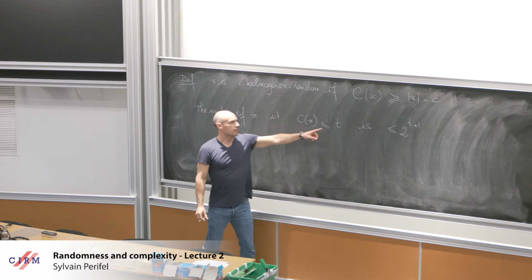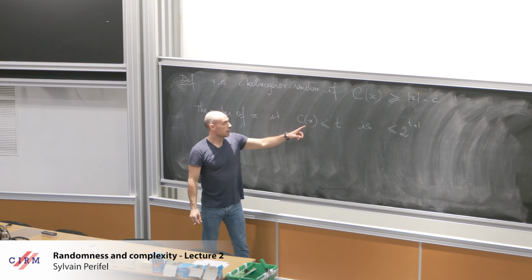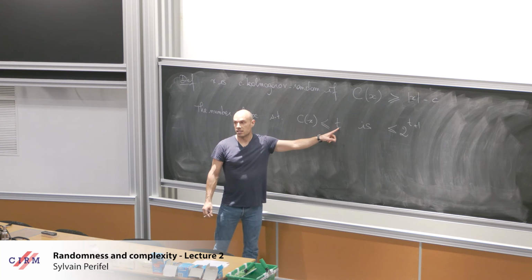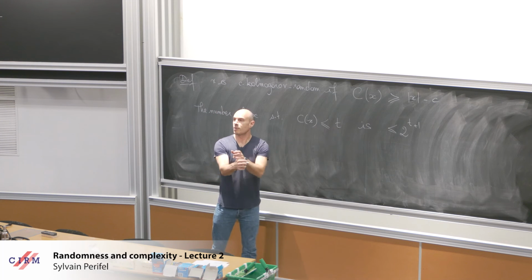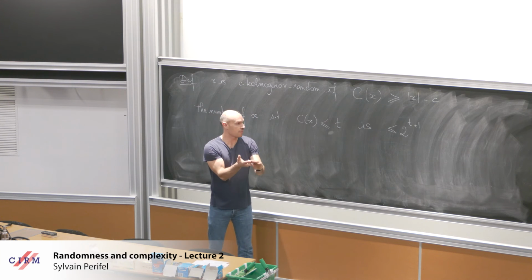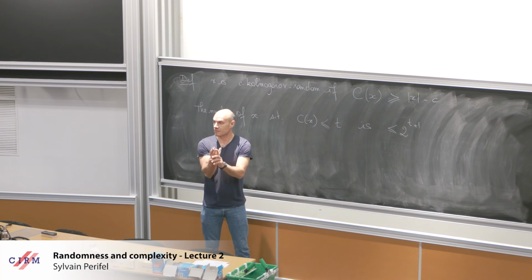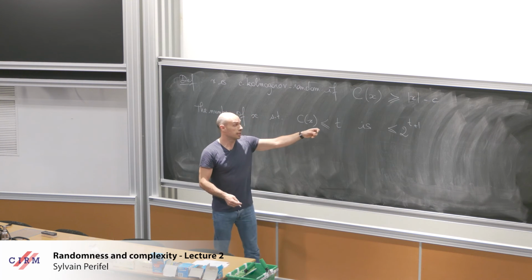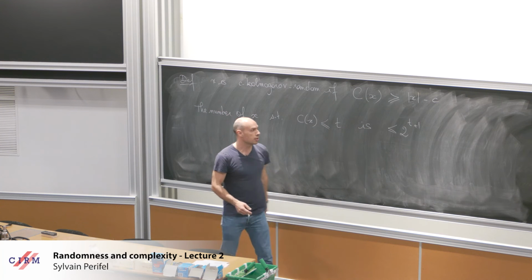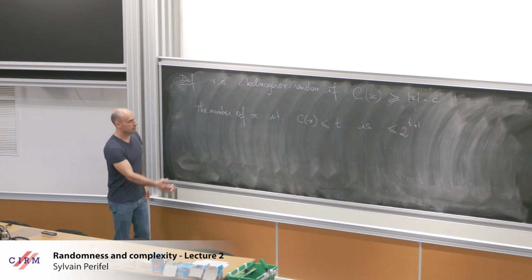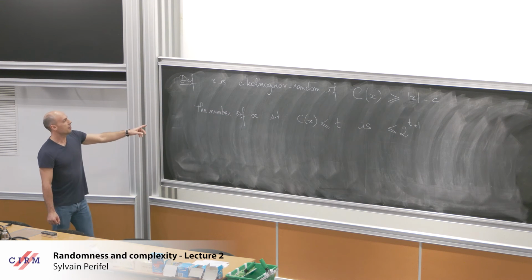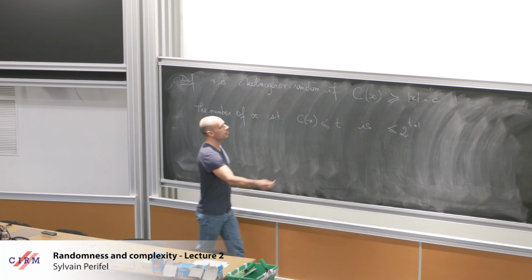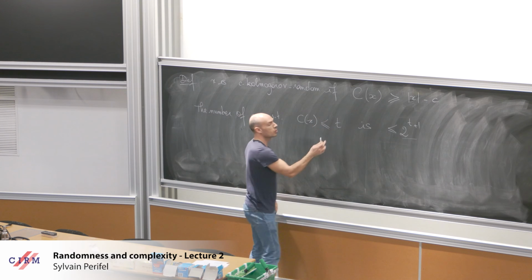Because the number of programs here that are of size at most t is the number of programs of size 0 plus the number of programs of size 1 plus the number of programs of size 2 and so on. So this is a sum of the 2 to the i up to t. So it is 2 to the t plus 1 minus 1, but anyway, it doesn't matter. So you have such a number of words of small complexity.